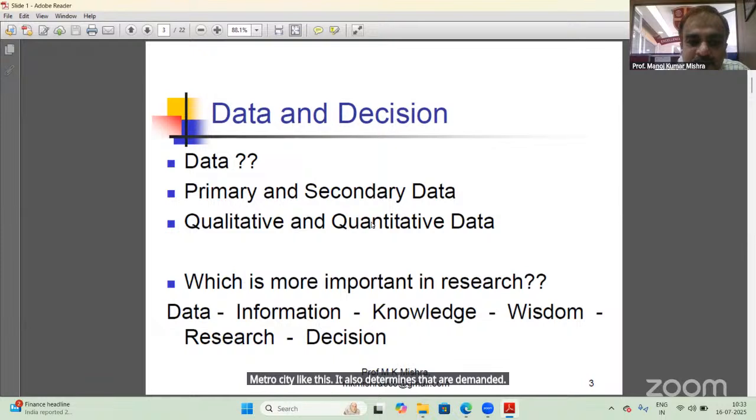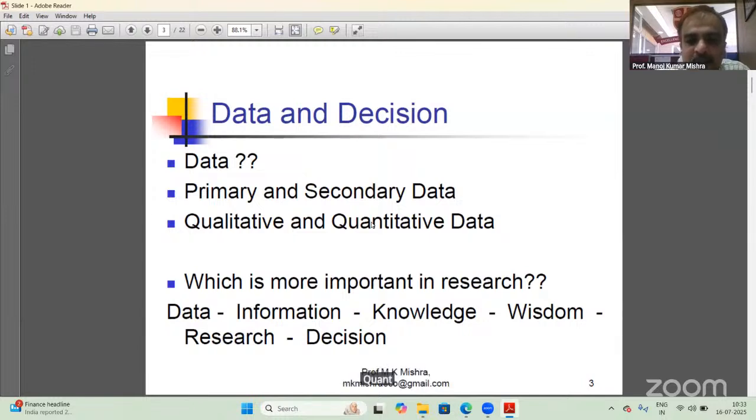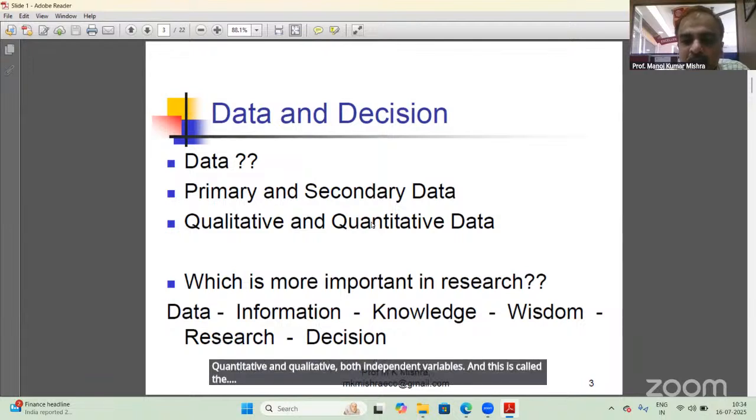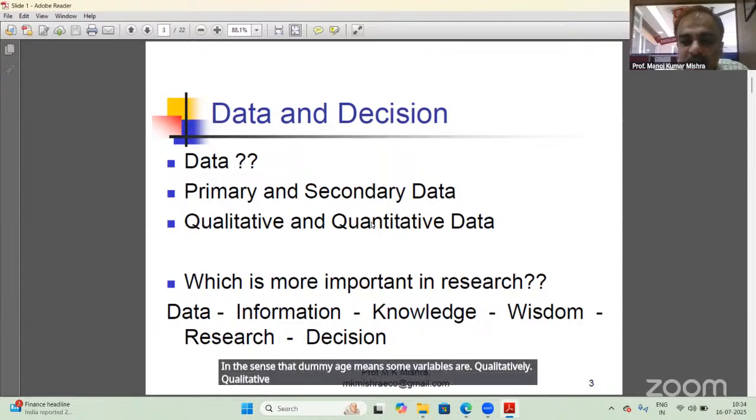So in this model, we have used both quantitative and qualitative independent variables, and this is called dummy regression. It is called dummy in the sense that some variables are qualitative, not quantitative.